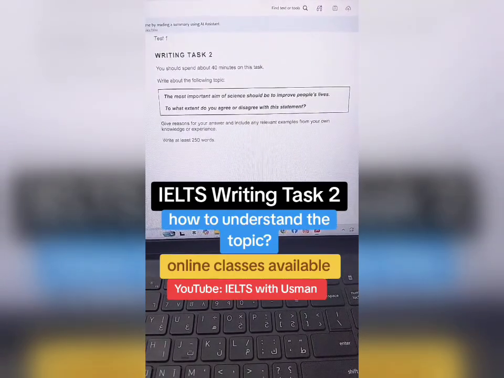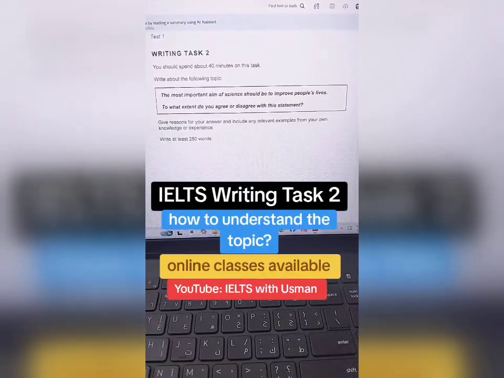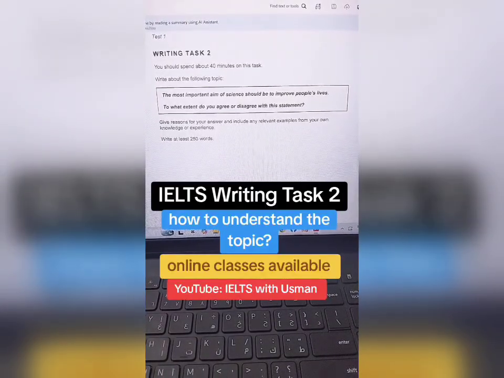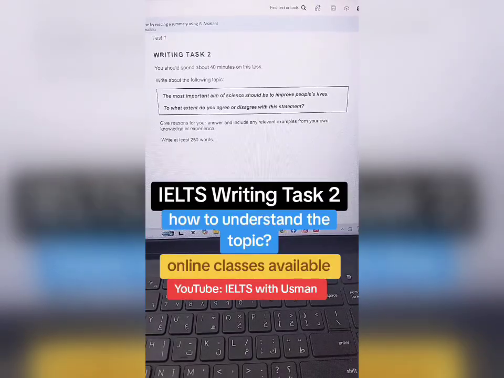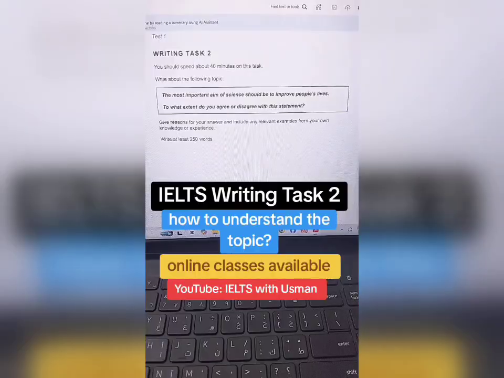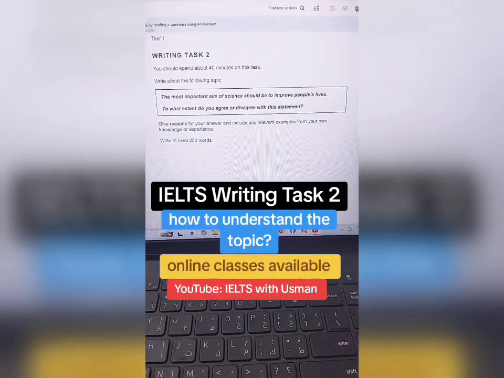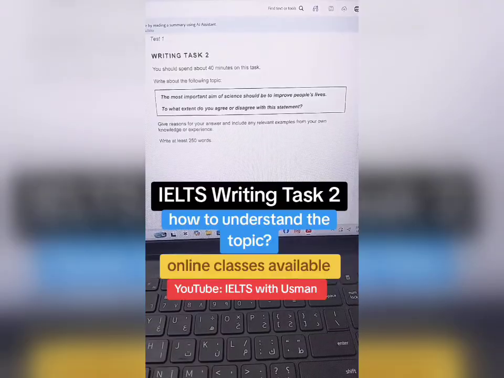Writing Task 2. Let's know how we should understand or should read this topic. So before you write, you should read the instructions. For example, you have 40 minutes for this task, and your main task is within these 4 lines.